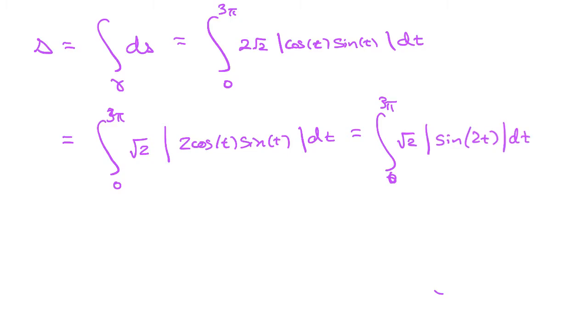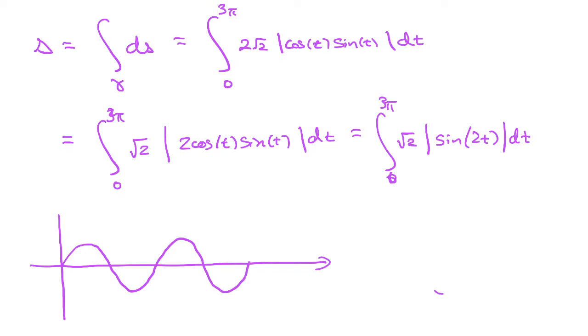So now, because our sine of 2t is going to, in some intervals, be positive and some intervals be negative, when we do the absolute value, we need to take into account where it's going to be positive and where it's going to be negative. So if we sketch the graph of the sine of 2t, what we're going to find is that we've got a period of 2 pi over 2, so hence a period of pi.